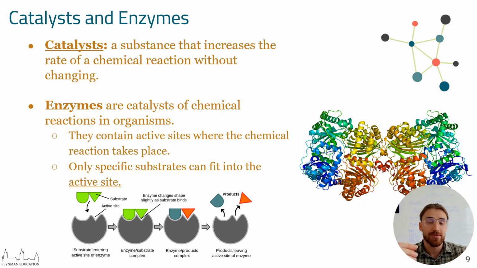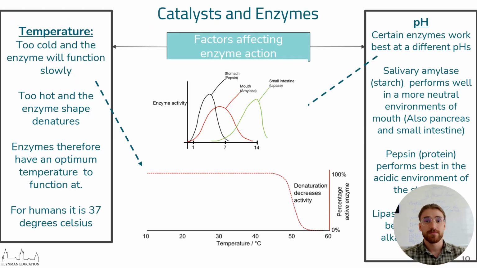The substance that gets broken down by a specific enzyme is going to fit perfectly in the active site of that enzyme. And then the reaction can occur, as we see here, that splits that macromolecule into its smaller molecules at the active site of the enzyme.